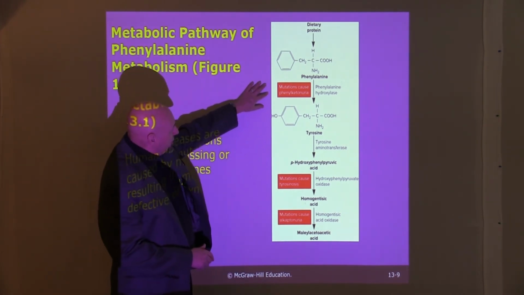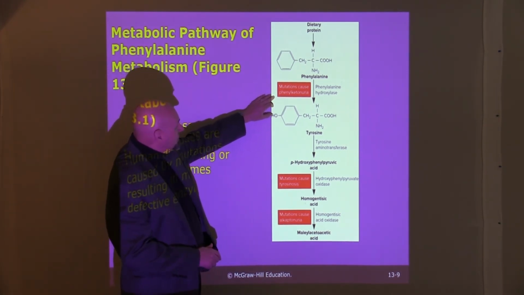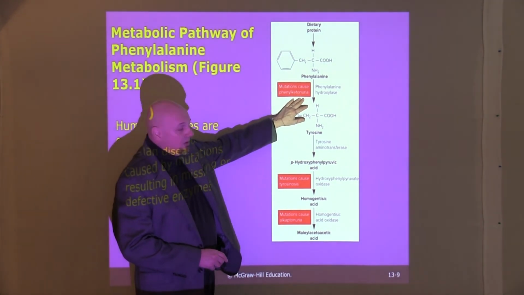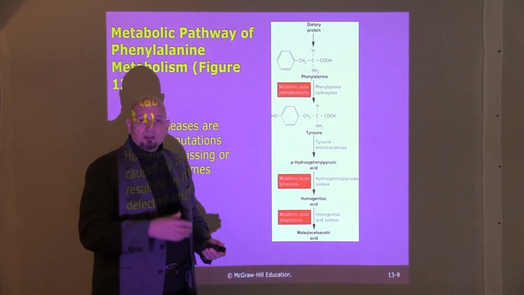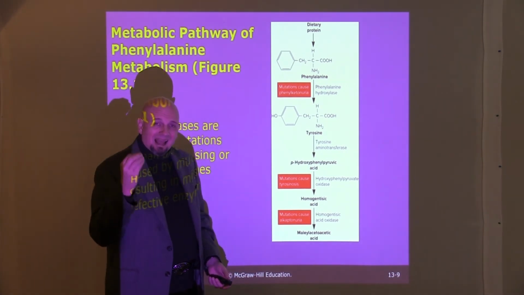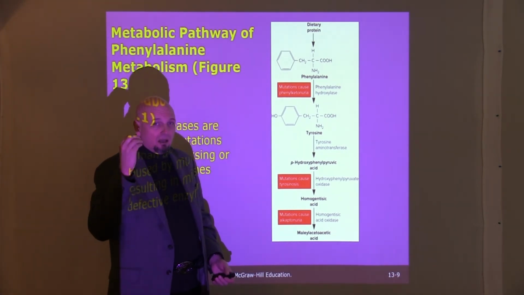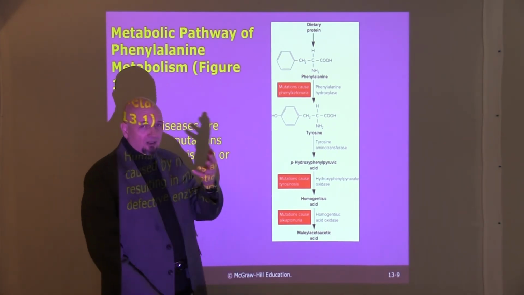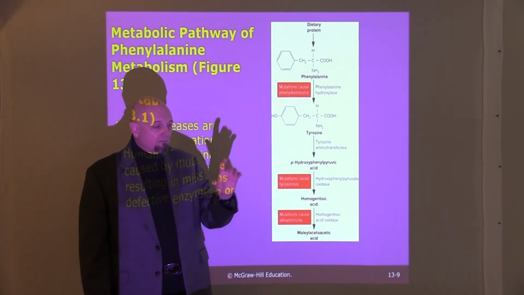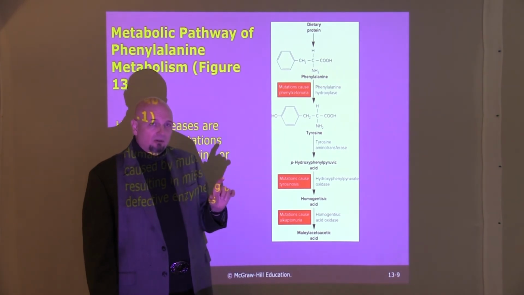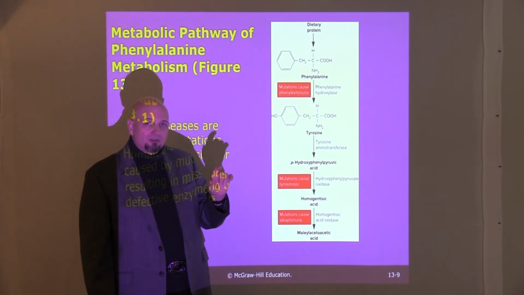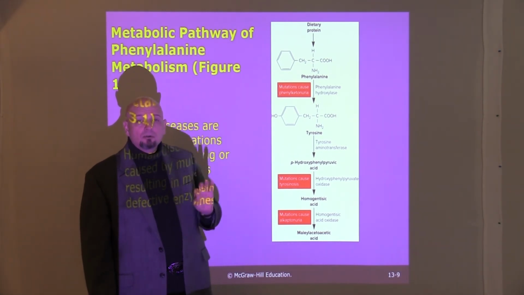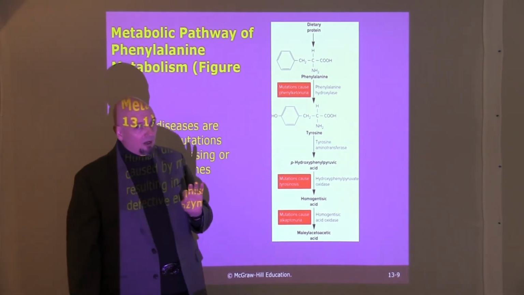They saw this in other particular types of things like phenylketonuria. Most children born today are tested for this because they don't have the ability to break down excess amounts of phenylalanine, and it causes a lot of problems for those children. In fact, if you look at your Diet Coke drinks and look on the side of it, it'll tell you that this has phenylalanine, and people with phenylketonuria should not be drinking this because it gives them too much.